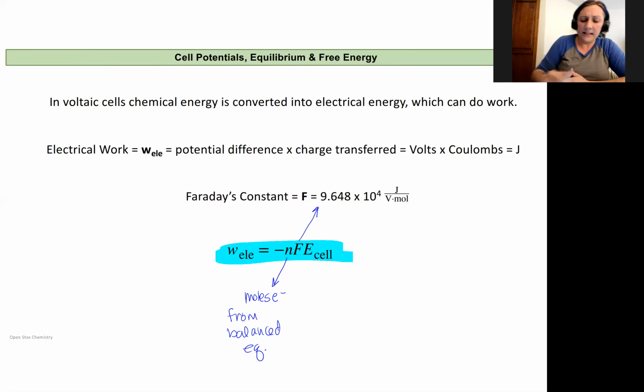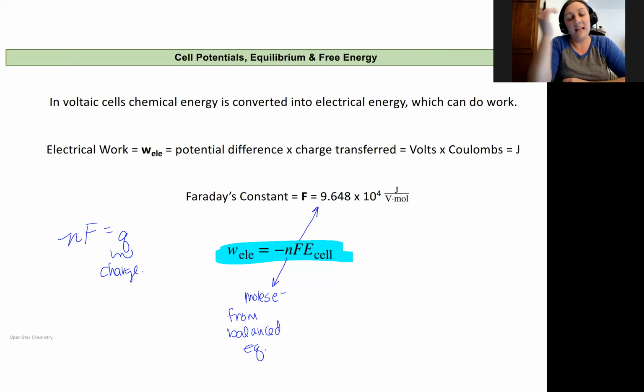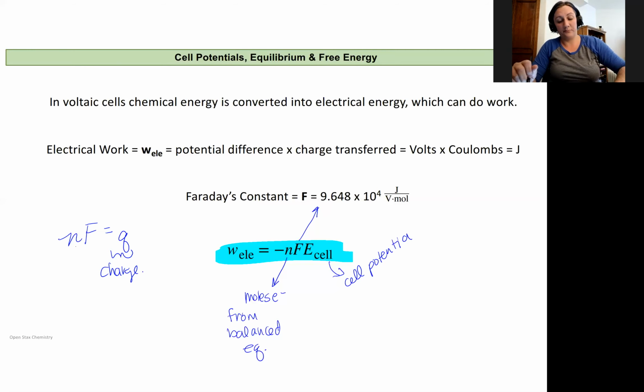And so these two together, n and F, equal essentially charge. This is helping us understand energy as this maximal work performed relative to charge. And then we have the potential of our cell times that charge value. And that's going to give us the amount of electrical work that can be performed.